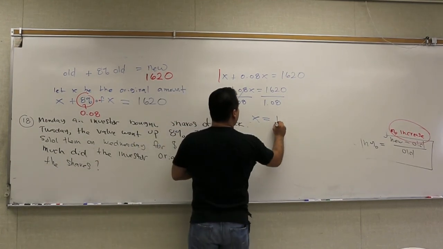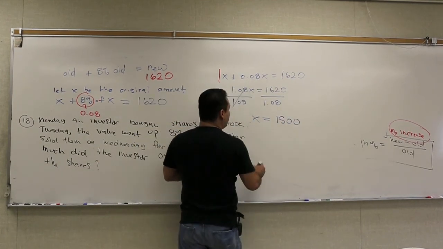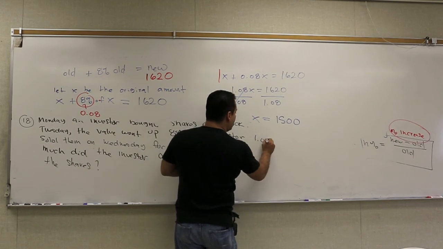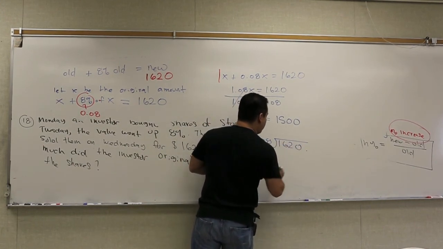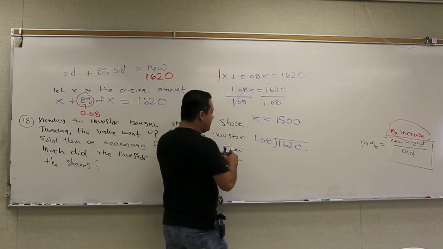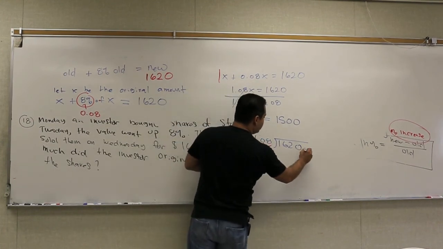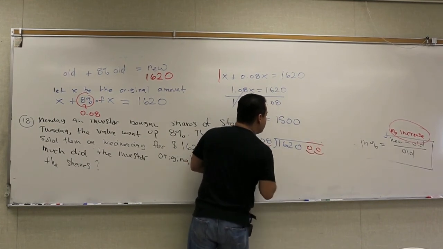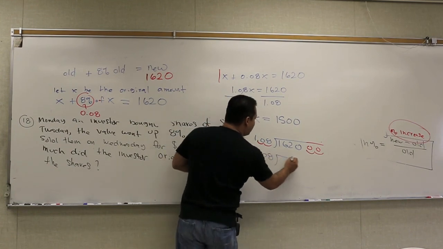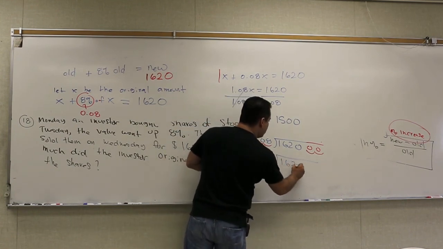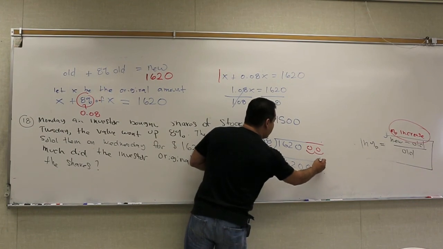1,500? Okay, good. Notice again the work you'd have to do for division: 1.08 goes into 1,620 with the decimal out here. You have to move this decimal and plug in a couple of zeros in the blank spaces. Your arithmetic is 108 divided into 162,000.